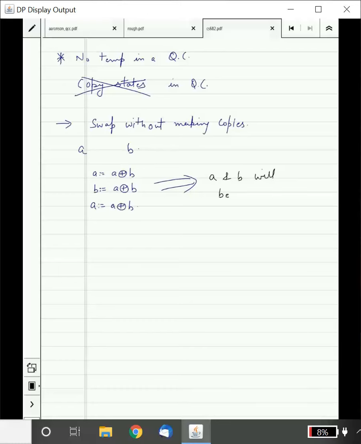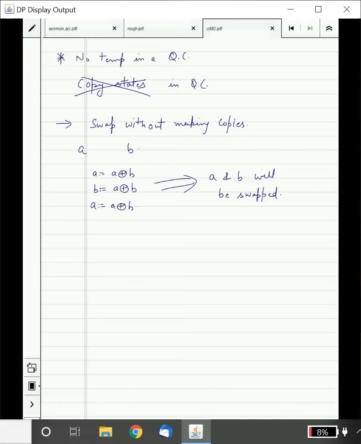If this is not clear to you, pause the video and just check that after these operations, A and B are swapped. This XOR operation allows us to swap without using the temporary variable.